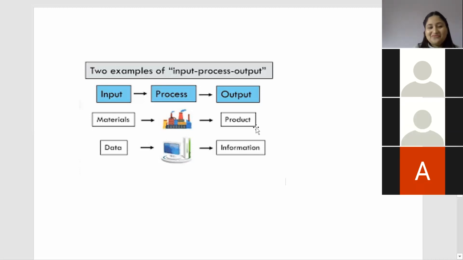It's fine. Okay, so it is a nice way to present two examples of input, process, output. The input is material as the first example, which is processed in the factories or the industries, and the end product we are getting as output is obviously the end product. And then comes the information given for the data.